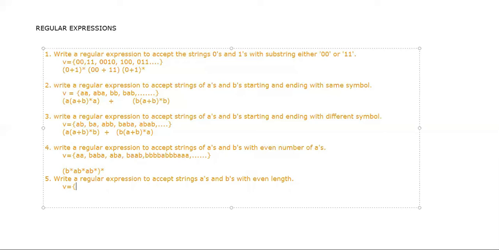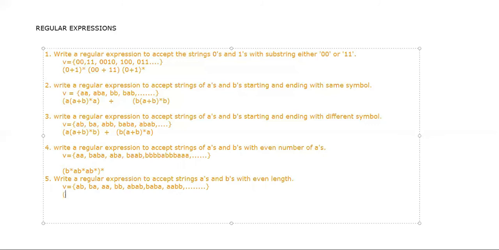So how do I understand that? I can say the minimum string would be epsilon again. I should draw it there anyhow. If I draw, it won't be visible. So I just say epsilon is accepted. Then I say AB is accepted, BA is accepted, AA is accepted, BB is accepted, AB, BA, AA, and so on.